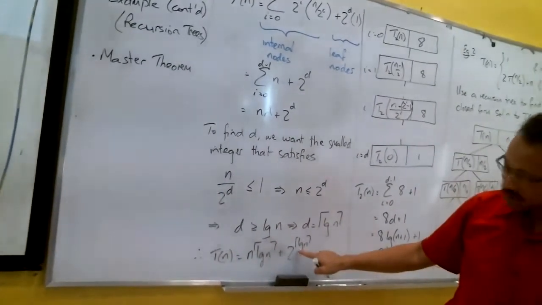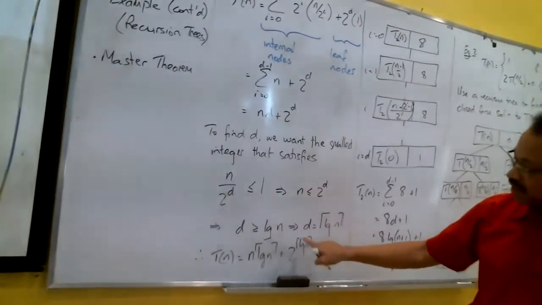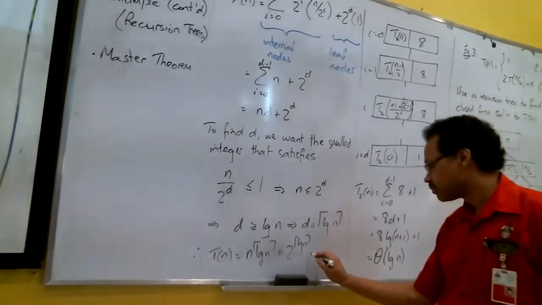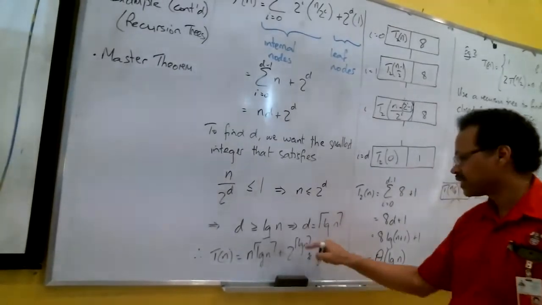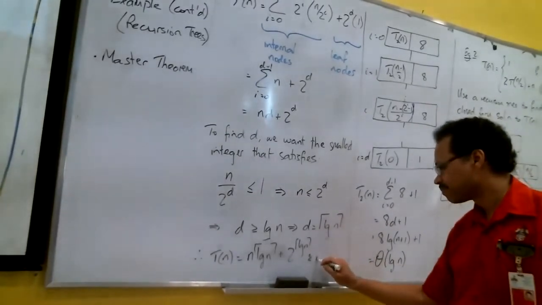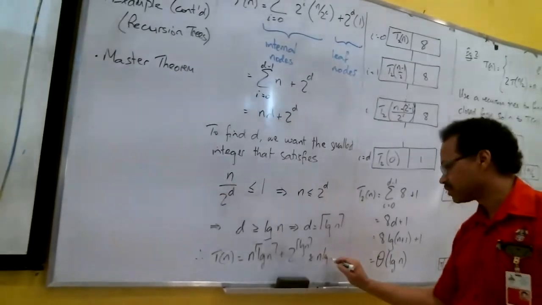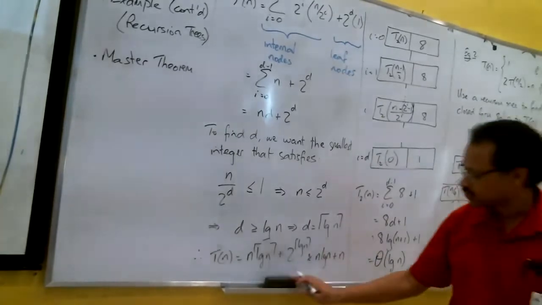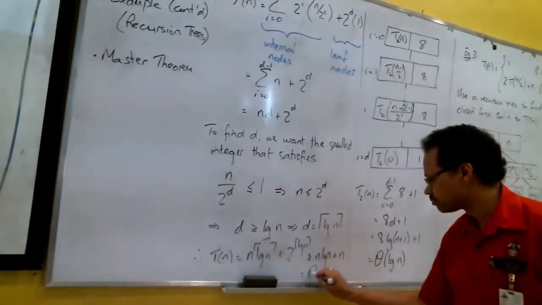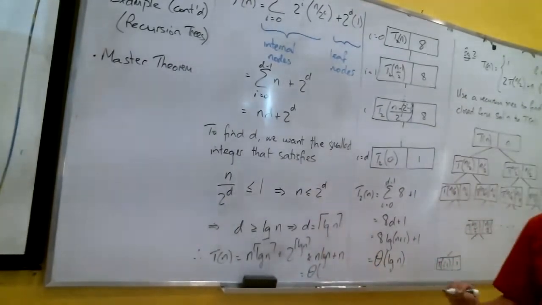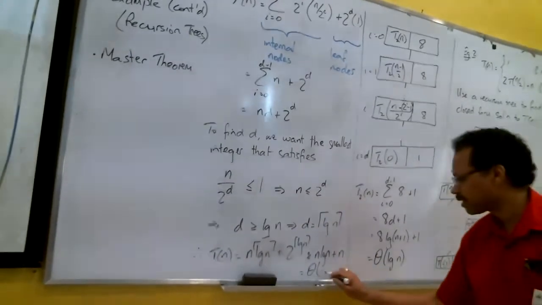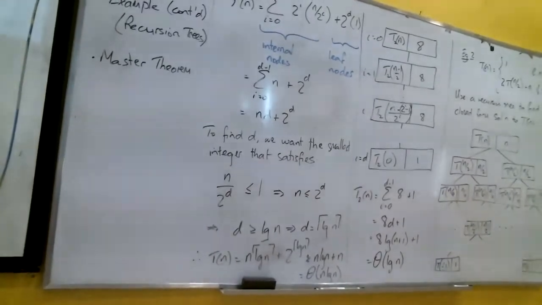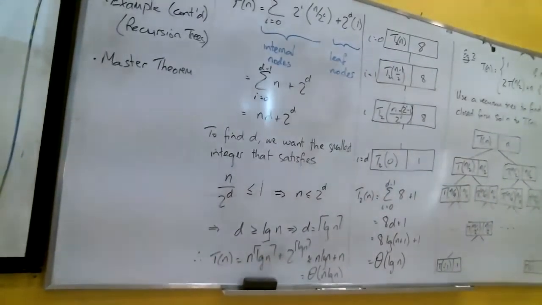I want to ignore those ceilings because this is clearly a perfect power of 2. Without the ceiling, what would that have been? This will be n log n plus n. And if I want the order of growth, which one dominates? n log n. Any questions?